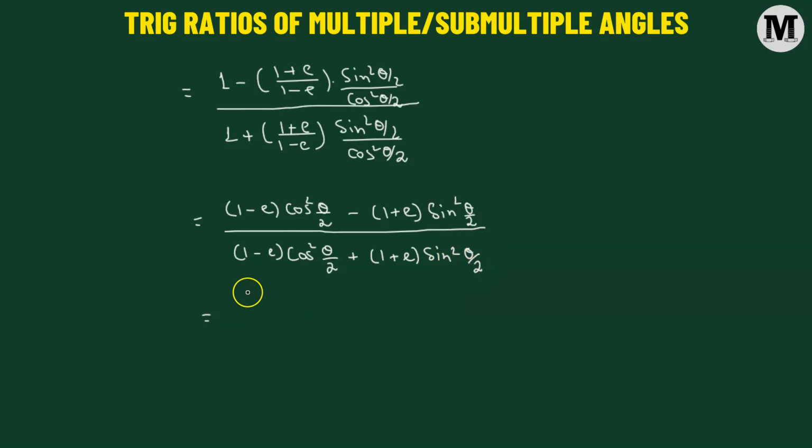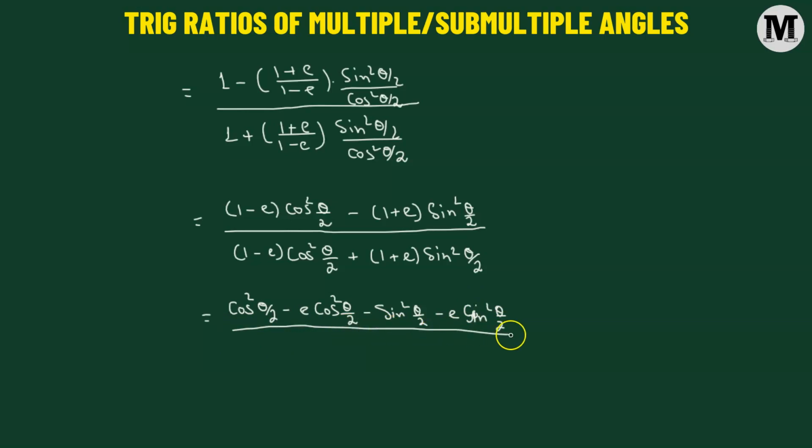Okay, let's now further simplify. Now we get cosine squared theta over 2 minus e times cosine squared theta over 2 minus sine squared theta over 2 minus e sine squared theta over 2, divided by cosine squared theta over 2 minus e multiplied to cosine squared theta over 2 plus sine squared theta over 2 plus e sine squared theta over 2.